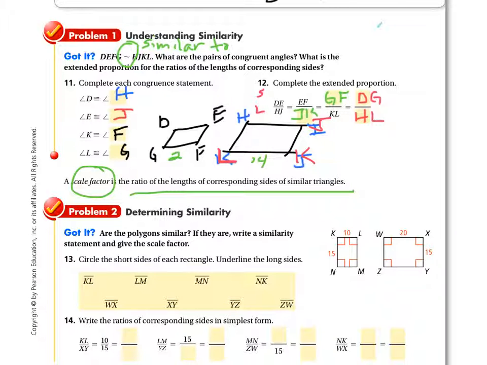Our scale factor could be one of two things. It could be 2 to 14 or 14 to 2. It depends on how they want you to write it. And doesn't that reduce to 1 to 7 or 7 to 1? So in our case, if GF was 2 and LK was 14, our scale factor would be 1 to 7.